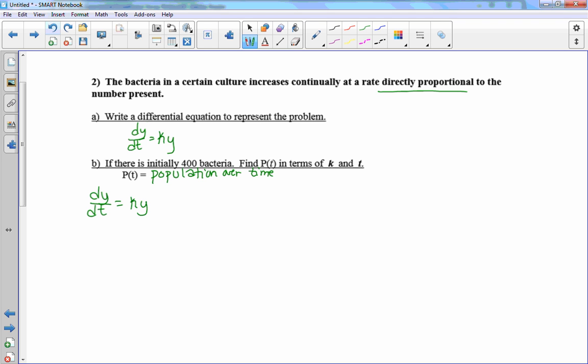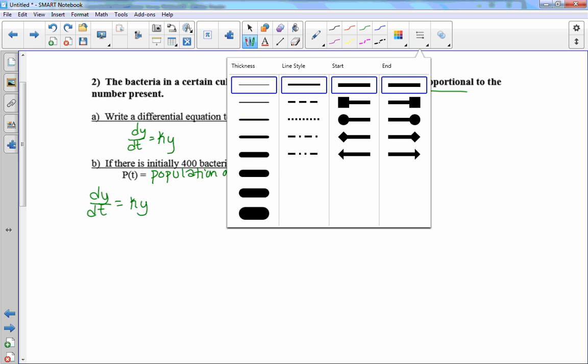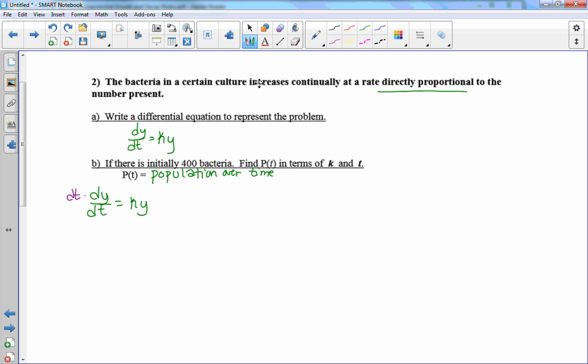Because we want to know the population over time. How do we get it into the form where we can solve for P of T? Yep, we have to get our variables separated. So we need the T's on one side, and the Y's on the other side.